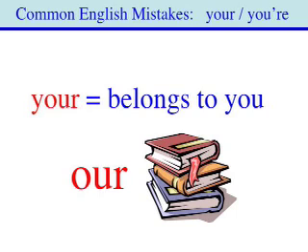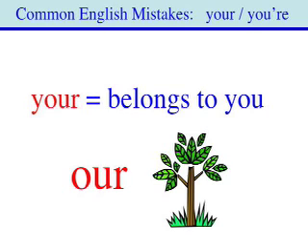If the books belong to us, they are called our books, and if the books belong to you, they are called your books. If the tree belongs to us, it is called our tree, and if the tree belongs to you, it is called your tree, and you should use the your that is also spelled with an O-U-R.